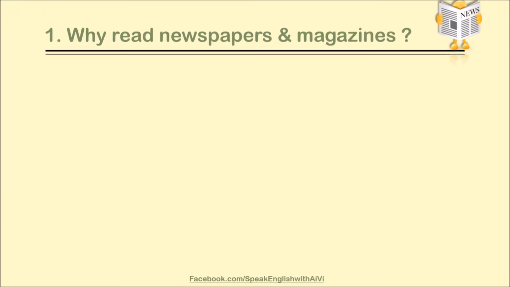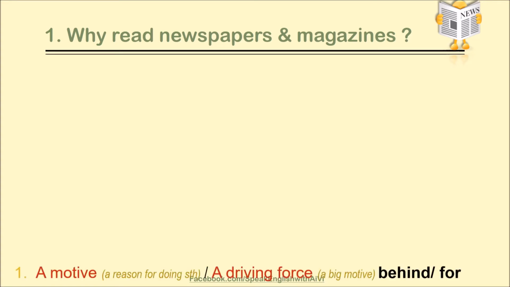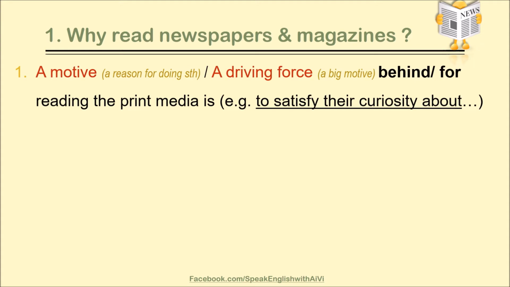One of the most common questions about reading newspapers and magazines is probably why people do that. Here are some ideas and some vocabulary for you. Instead of saying the first reason is, you can say one of the motives or a driving force is.